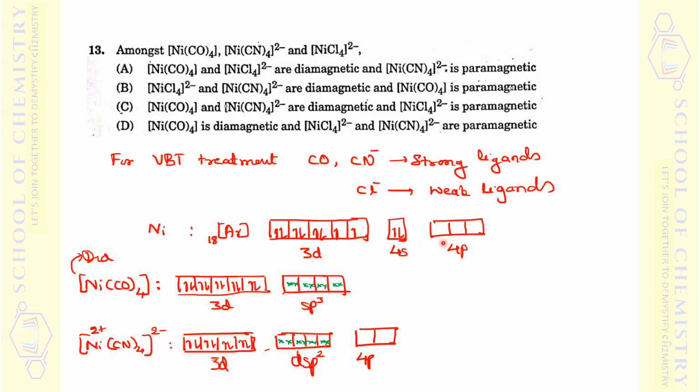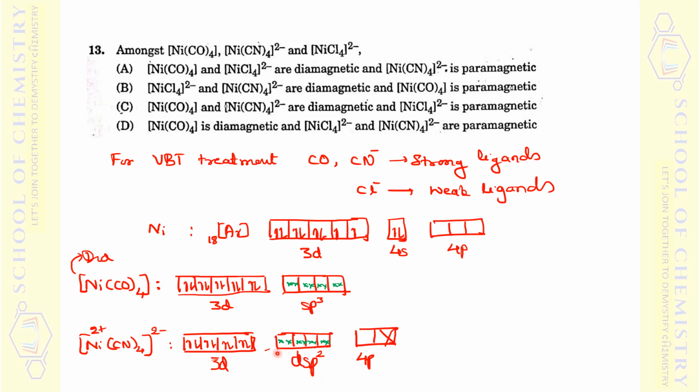Out of 3 p orbitals available, 2 of them are involved in hybridization, so it will be dsp2 hybridization. Here one p orbital is extra, which you don't consider, so it will be dsp2 hybridization and one empty 4p orbital.